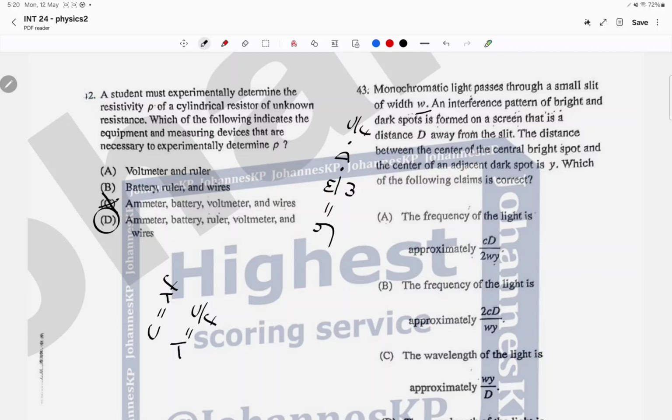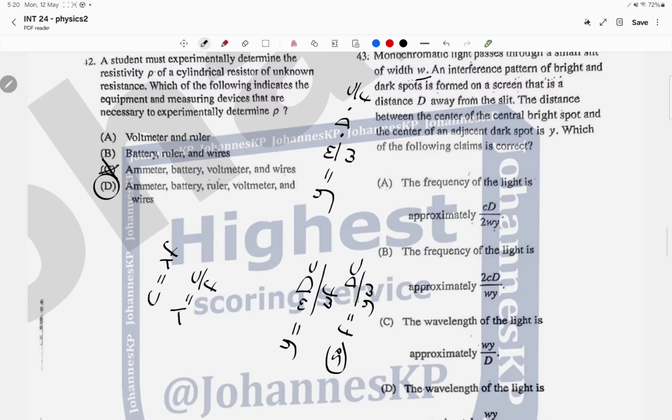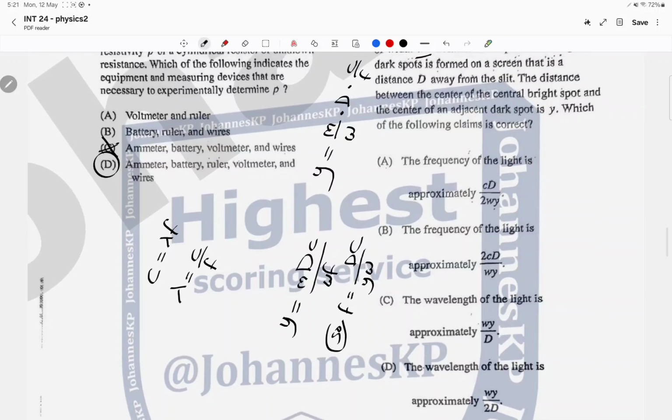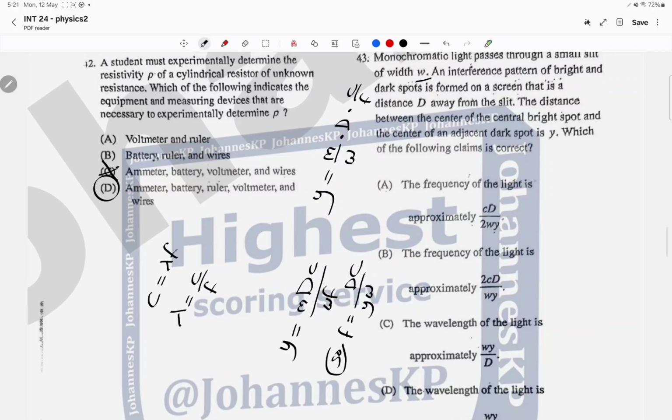Okay? And now we're looking for what? We're looking for the frequency. Yes. So now Y is equal to M D C over W F. So F is equal to M D C over W Y. No one has M here, so leave the M. So DC over YW. Correct? Is that not there? Did I make a mistake?